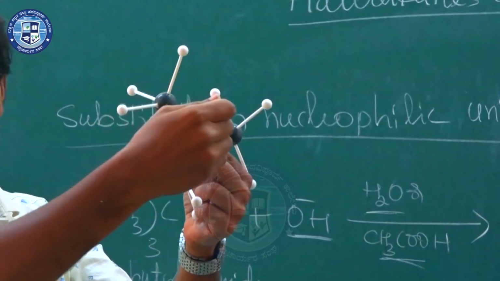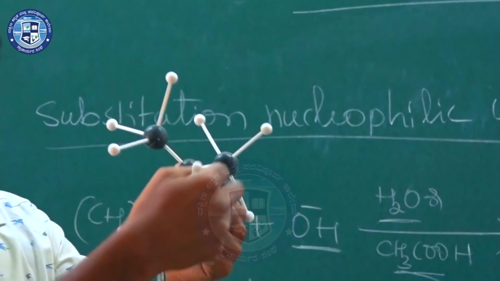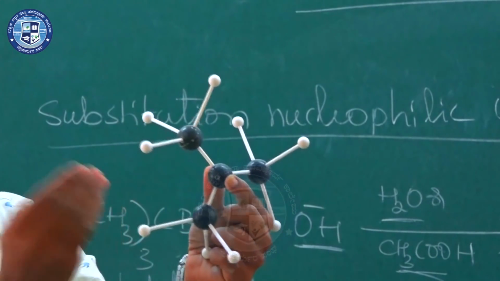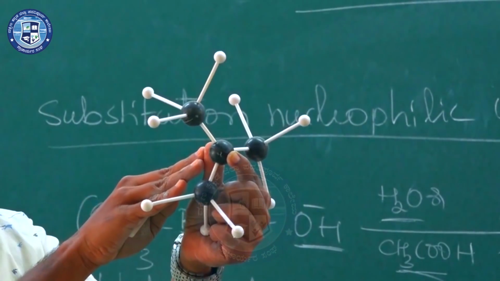So 50% of the time it will attack from the side where the bromine atom was, and 50% it will attack from the opposite of that.